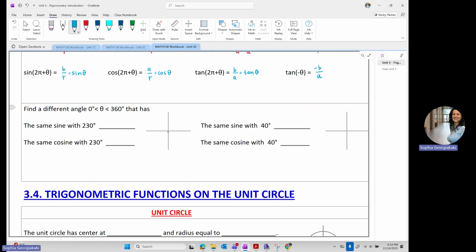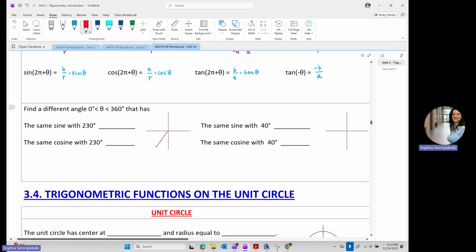So where is 230? 230 is an angle between 180 and 270, so it's somewhere here. So it's this way. And if I pick a random point at the end of it, it will have some x and some y that are both negative.